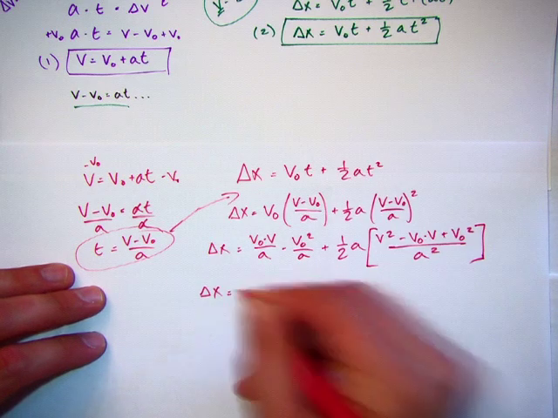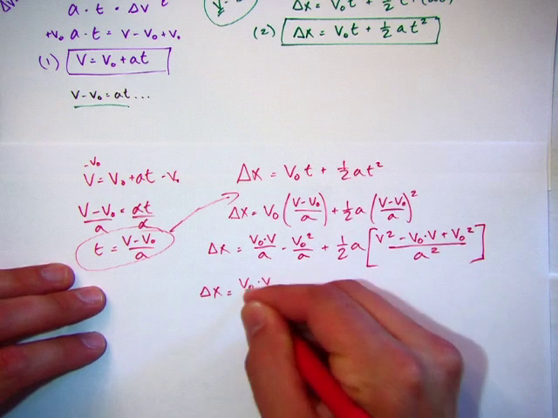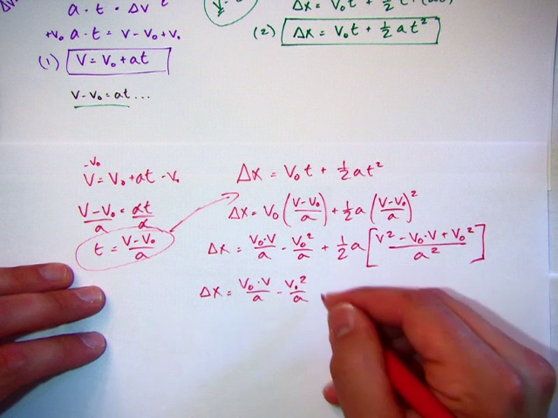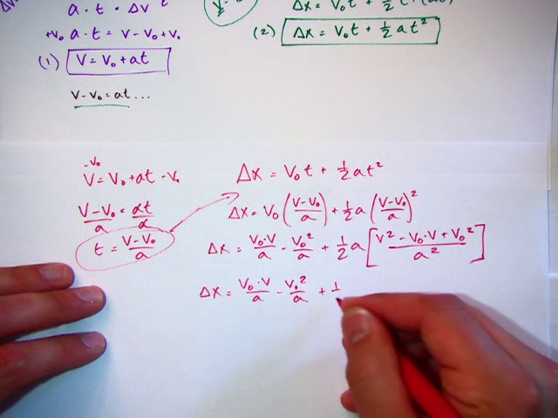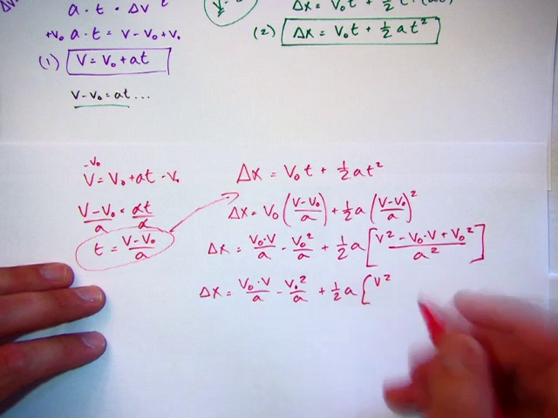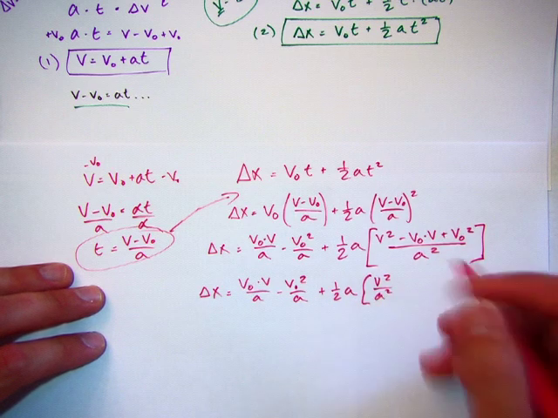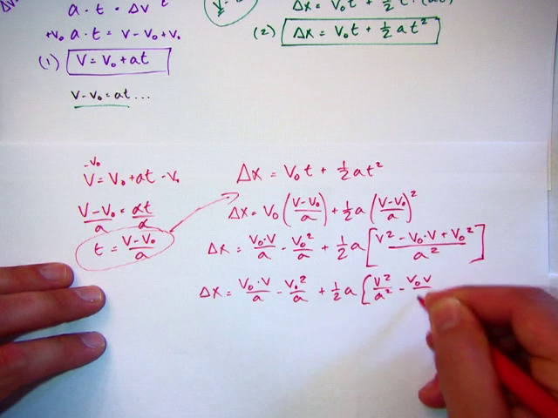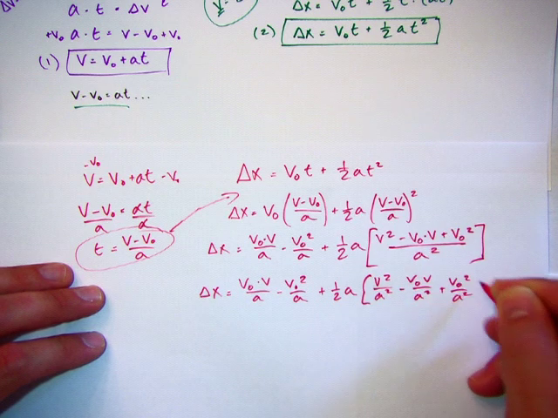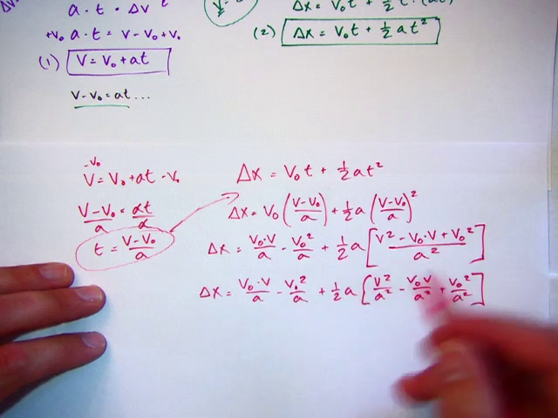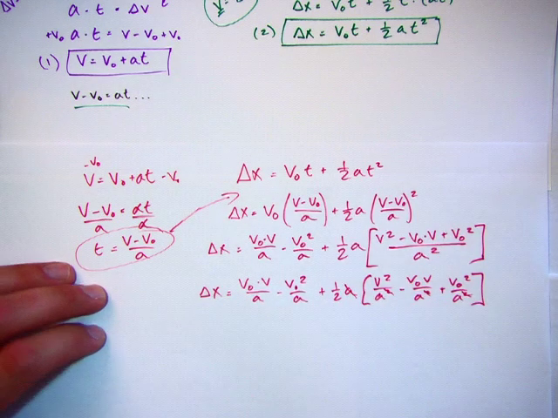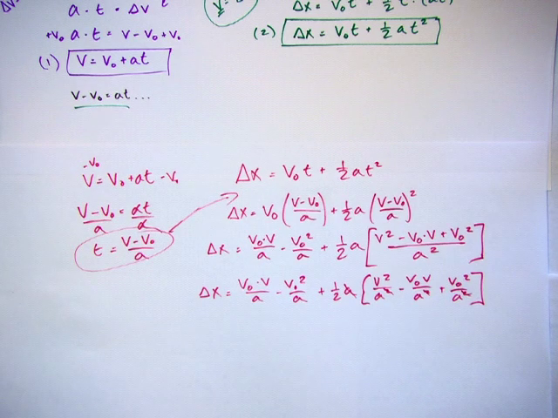So delta x is v naught times v over a minus v naught squared over a plus 1/2 a, and let's just do this, v squared over a squared minus v naught v over a squared plus v naught squared over a squared. Multiply that by a, so all these a squareds go away. Actually could have done that in the previous step, don't know why I waited.